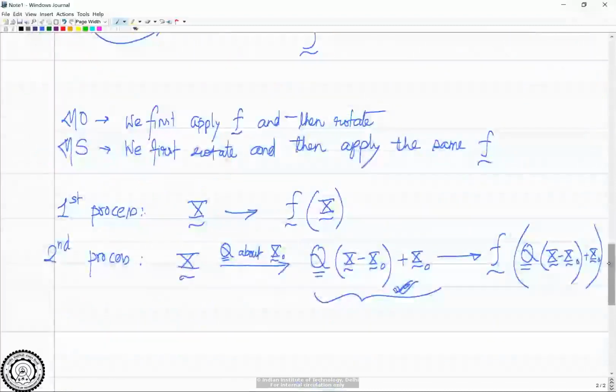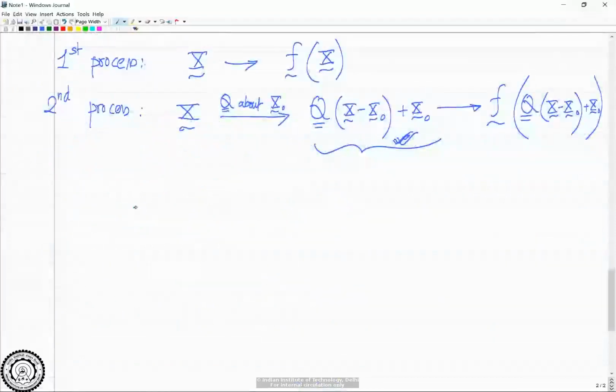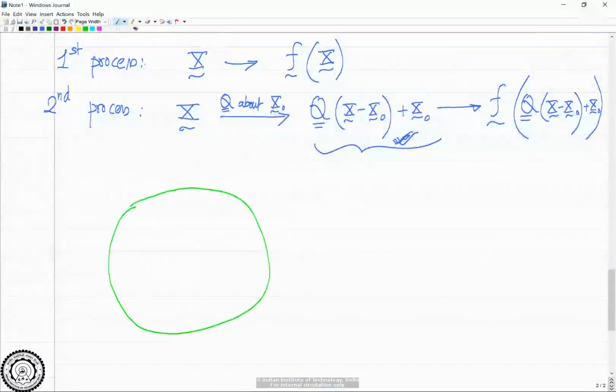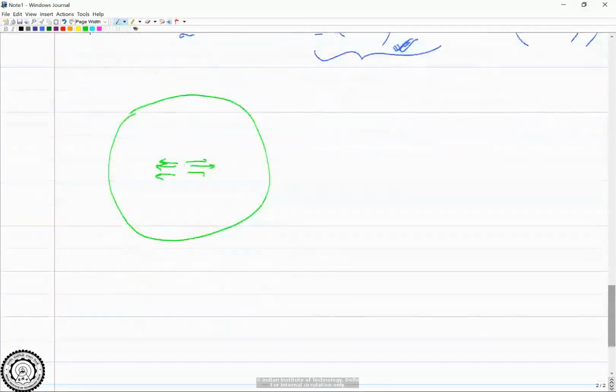So why are we rotating first? It's very simple. Just think of an isotropic body. Think of a circular isotropic body, and you are at the center point, and you apply a load, let us say, in this direction. In the second case, it's the same circular body, but think of first rotating.